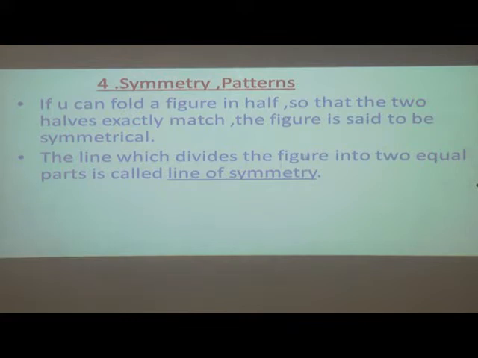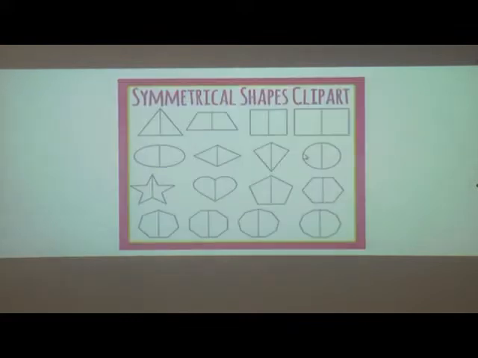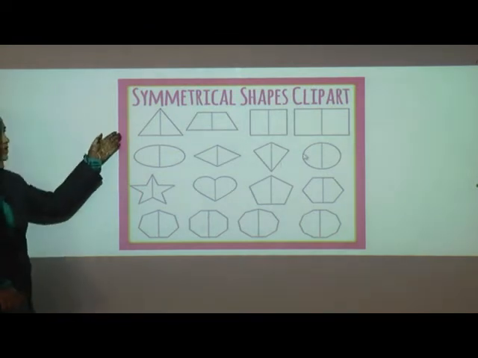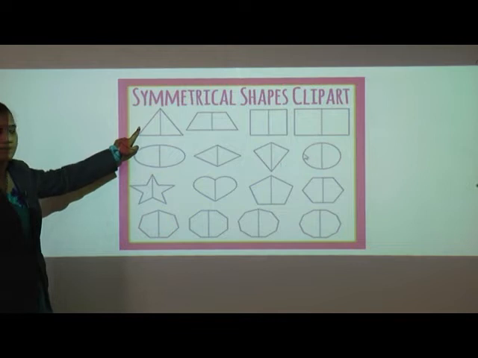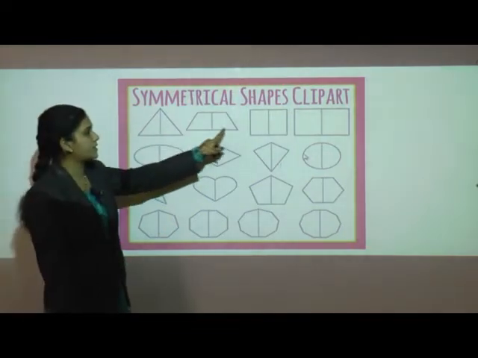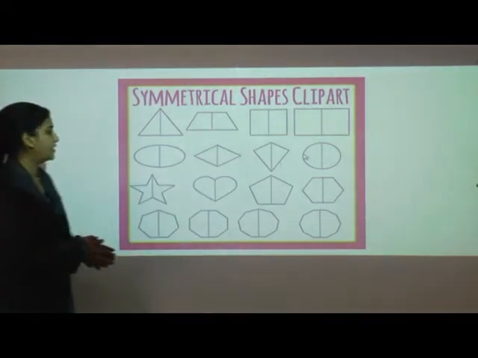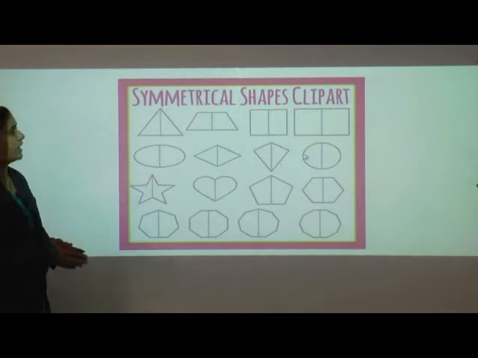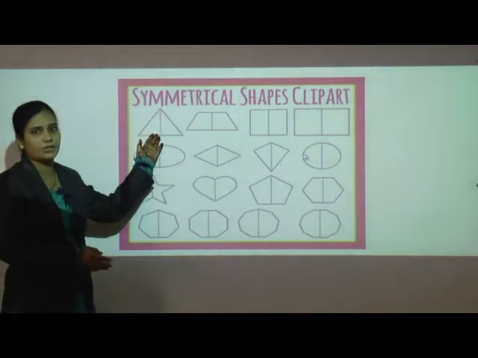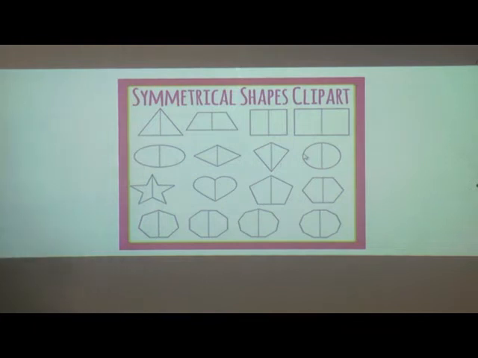Okay. So students, here these are symmetrical shapes. See, this one is a triangle, here is a rhombus, square, rectangle, different types of shapes are here, and these are examples of symmetrical shapes. See, okay.